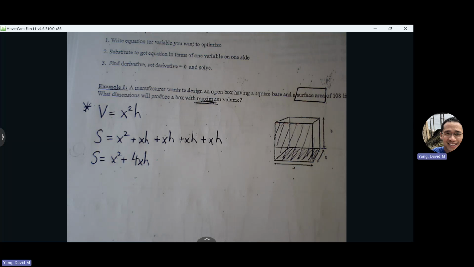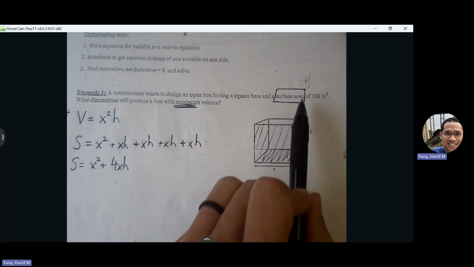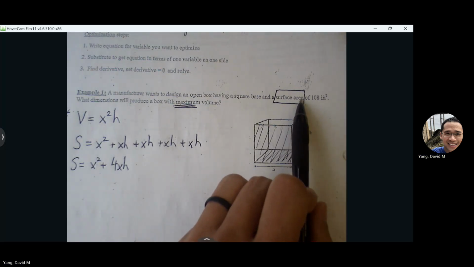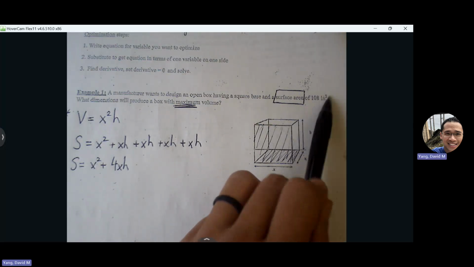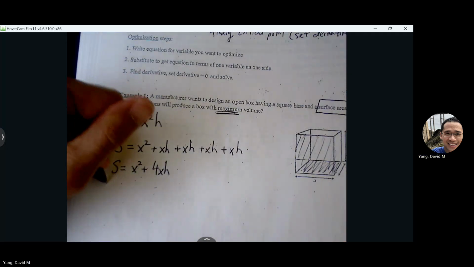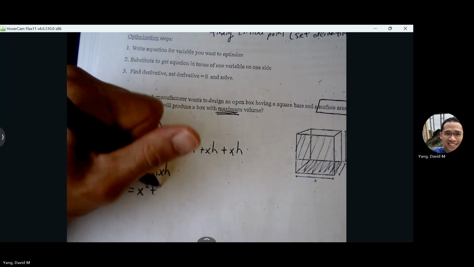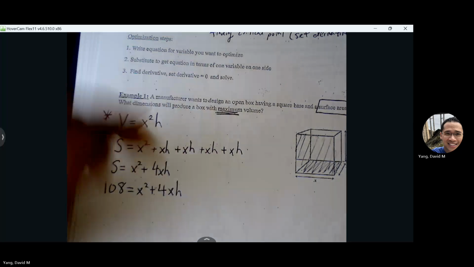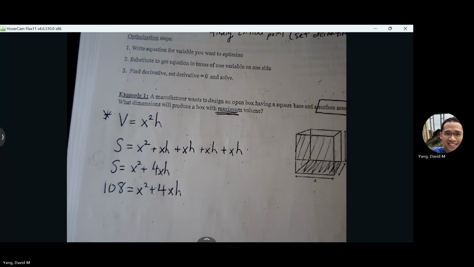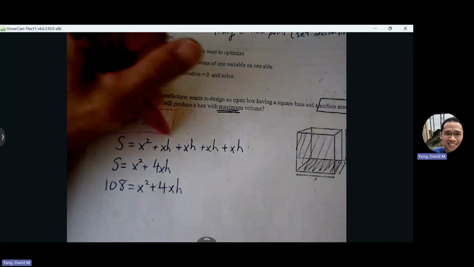All right. Let's see. They do give us information about surface area. So surface area is 108 square inches. So we can go ahead and put that in for S. So these are the 2 equations we're working with.